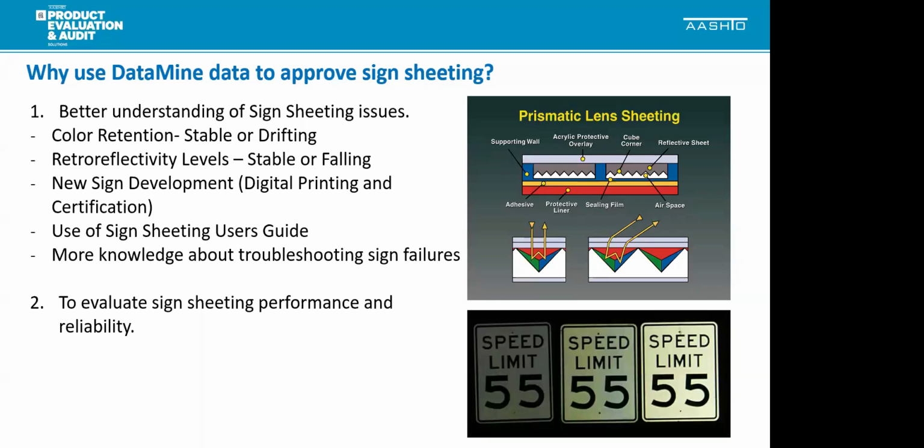So you're going to learn quite a bit in using this data, and also go into our user's guide where we have these pictures, and you're able to understand the difference between a prismatic lens and a glass beaded engineer grade sheeting. So the more you know, I think the better it's going to be for you to monitor your signs out on the road.